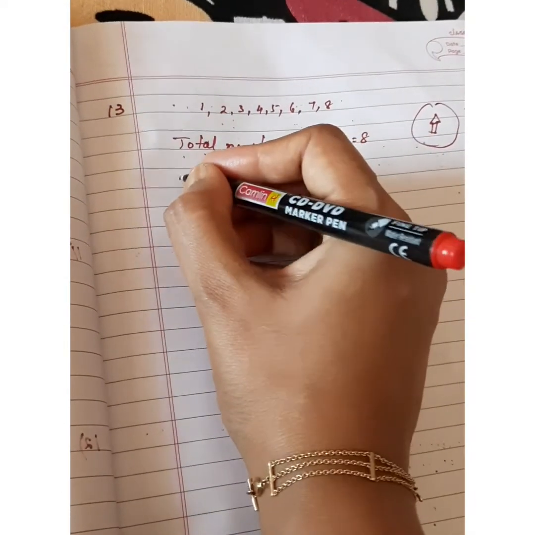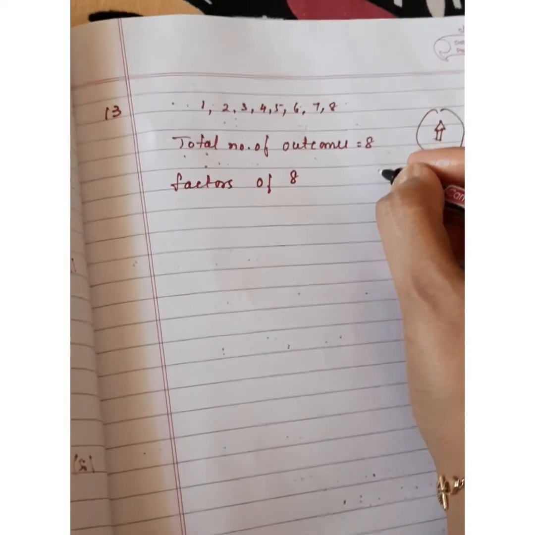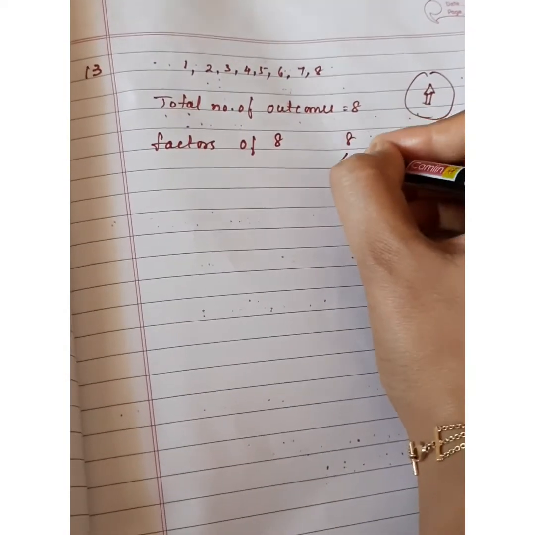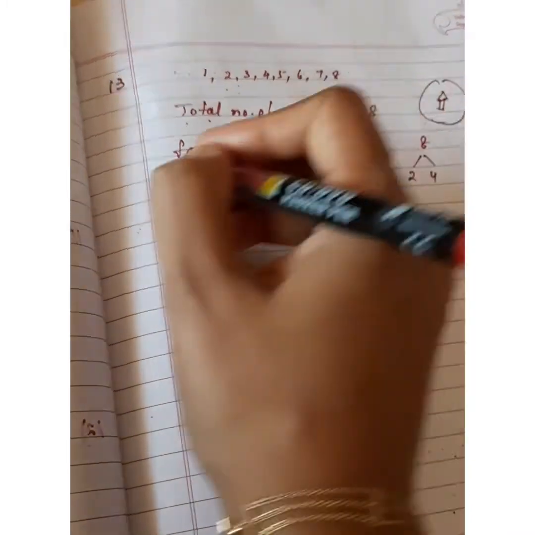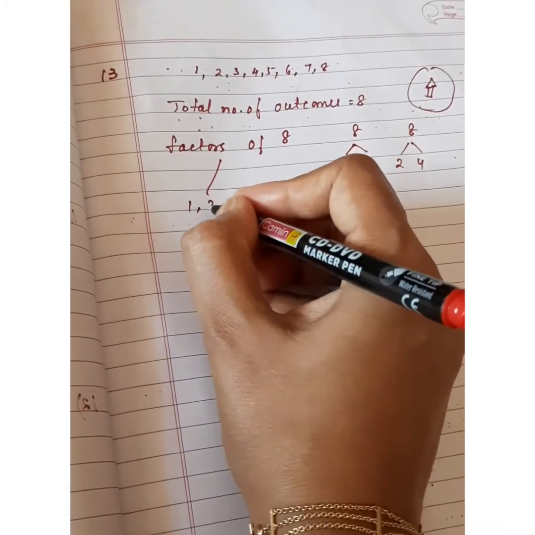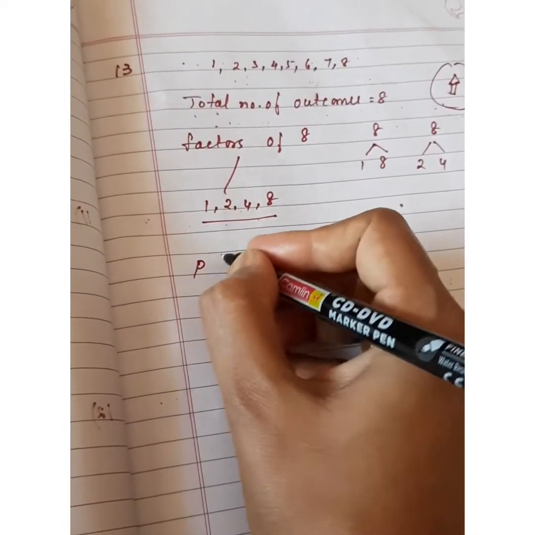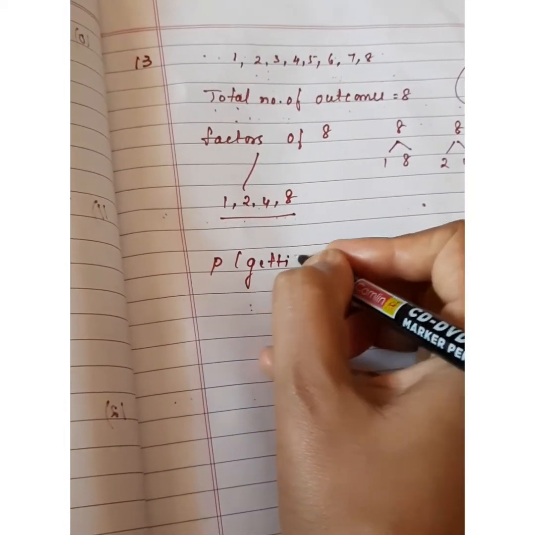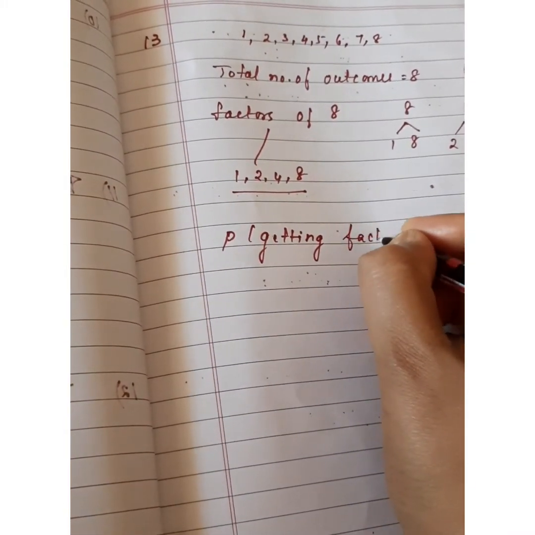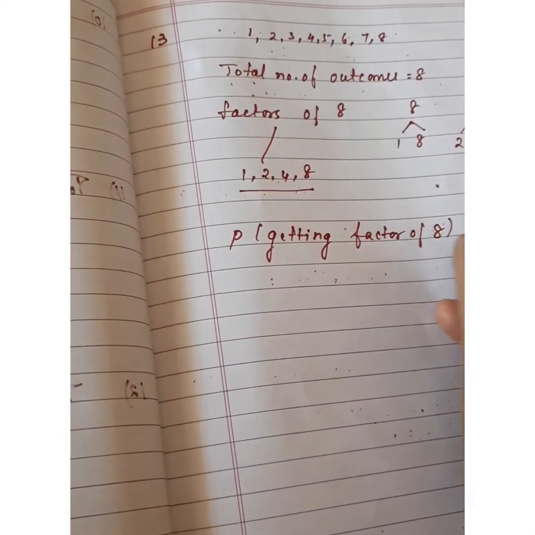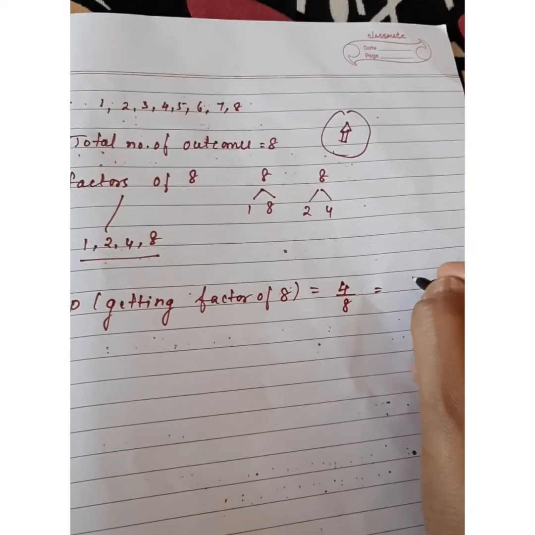Then we have to find the probability of getting the factors of 8. So we know the factors of 8: 1 times 8 is 8, and 2 times 4 is also 8. So there are 4 factors, 1, 2, 4 and 8. So probability of getting factors of 8, that's going to be 4 by total 8. So the answer is 1 by 2.